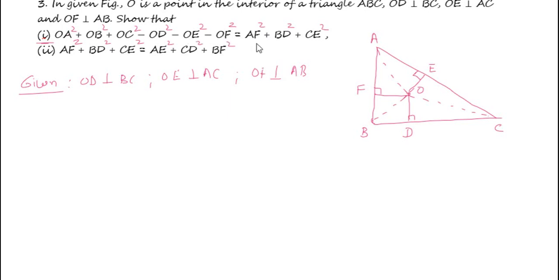Now here in the right side we have AF square first. So AF square is equal to AO square minus OF square, that is OA square minus OF square. This is 1. Next is BD square. This is BD.